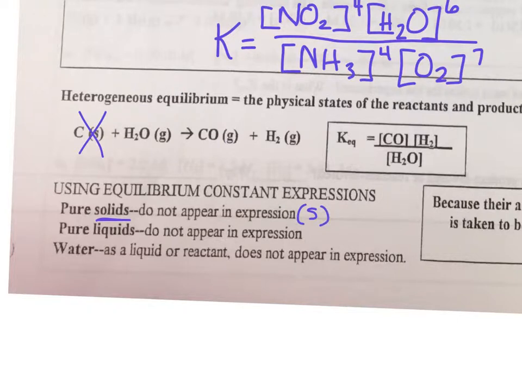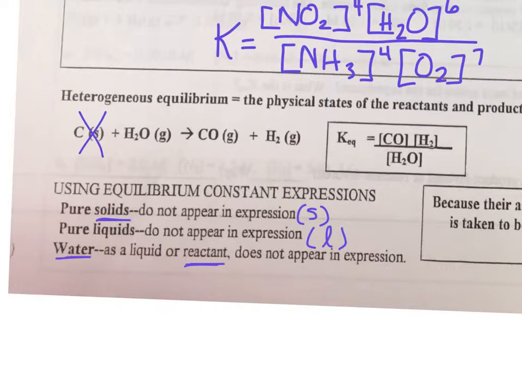Pure liquids, anything that has a cursive L. Our typical one is obviously water, right? And that's listed next. So water as a liquid, or if you have water as a reactant, which will be important to you when you get to our Ksp, which is solubility rules. We'll look at what those are going to be represented with, because we typically would put something into water, right?